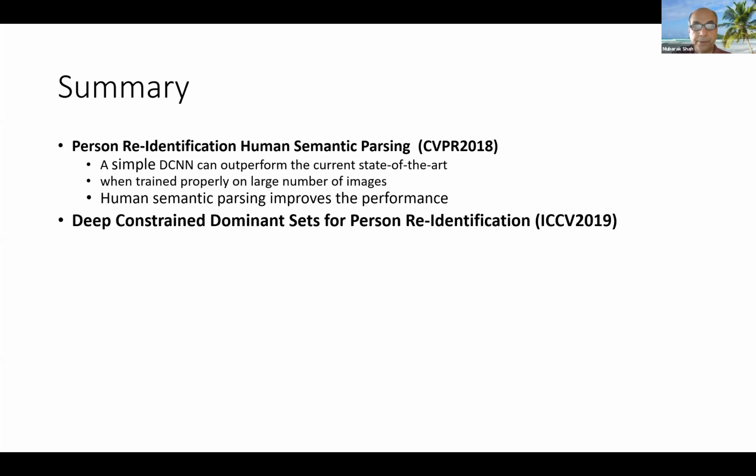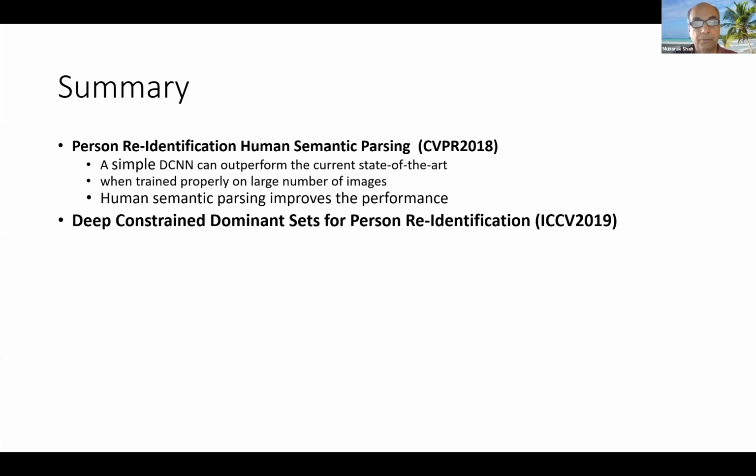Then I talked about the constrained dominant set for person re-ID. The previous approach was a simple verification network where we learn the features just based on the ID.